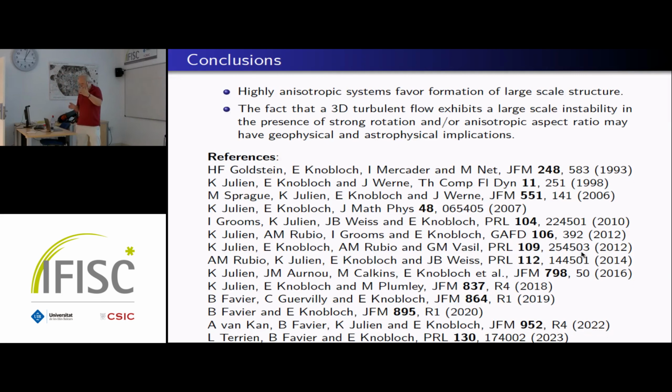Typically Ekman to the 1/3 of 10 to the -2 is what people can achieve in direct numerical simulations, because that corresponds to an Ekman number of 10 to the -6, which is more or less what people can do. There you already see the formation of the large scale structures. I showed you pictures of that. So Ekman to the 1/3 of order 10 to the -2 or smaller is certainly enough. But whether there is a hard, critical value is very unlikely. So you can quantify this.